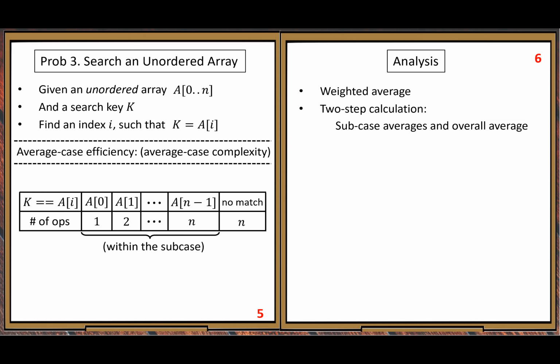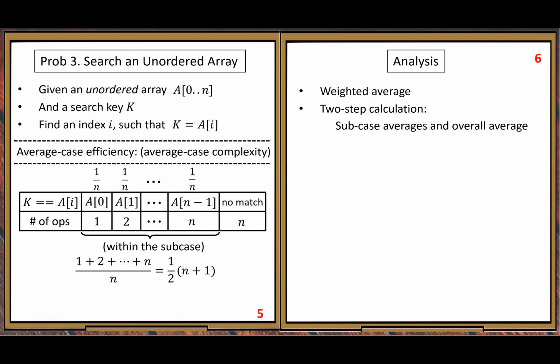First, let us consider all these n cases together as the subcase. One subcase covering all these n cases. Each one probability 1 over n, right? That's our assumption. So now, how many comparisons for this subcase?